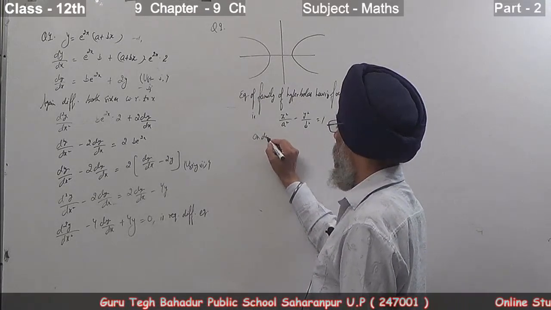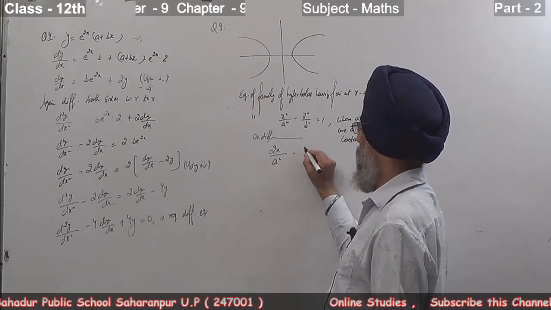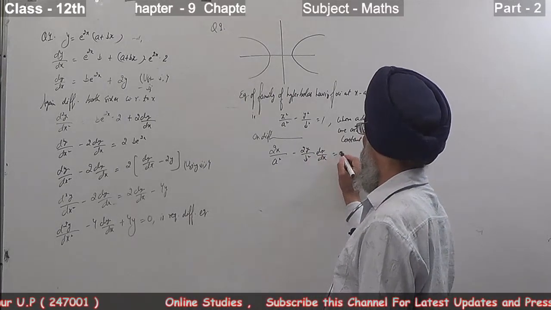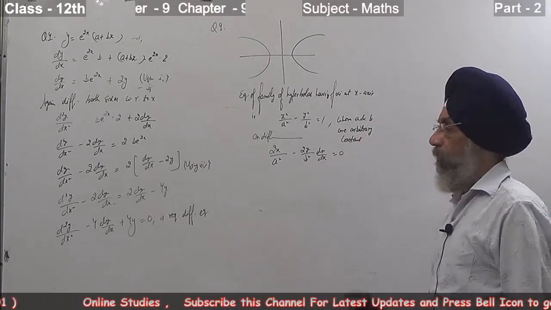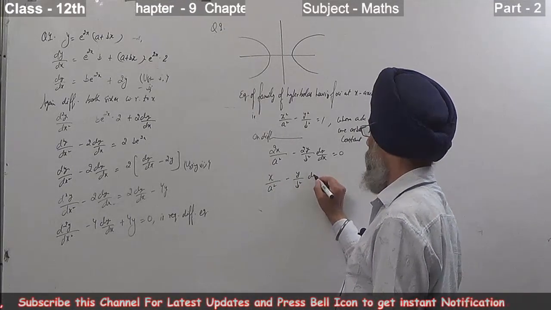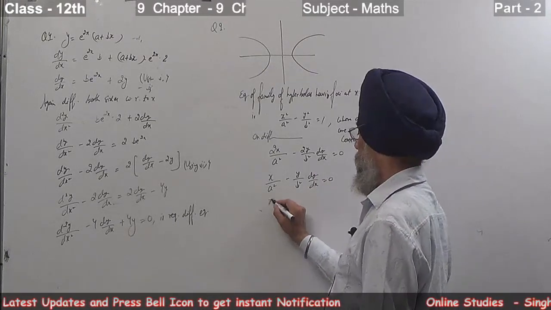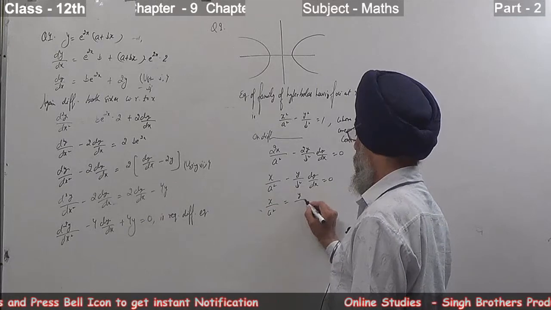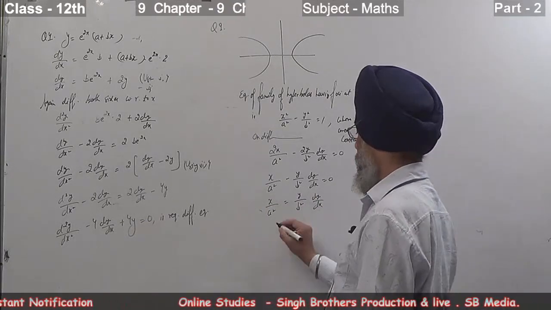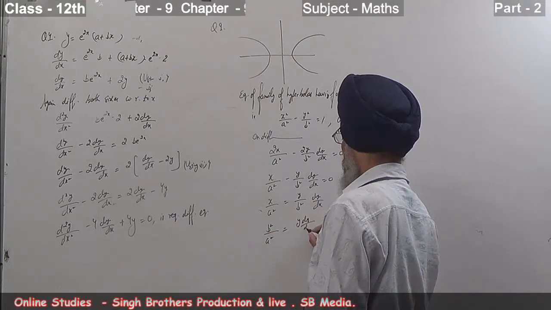Differentiating with respect to x, 2x upon a square minus 2y upon b square dy by dx equals 0. You can take 2 common: x upon a square minus y upon b square dy by dx equals 0, or you can write it as b square upon a square equals y dy by dx upon x.